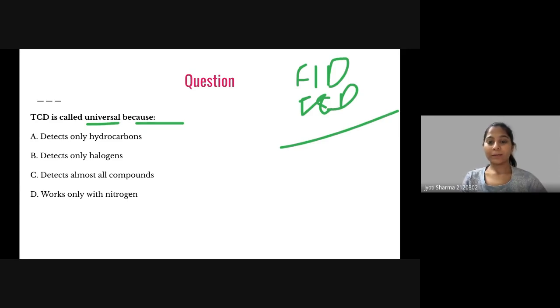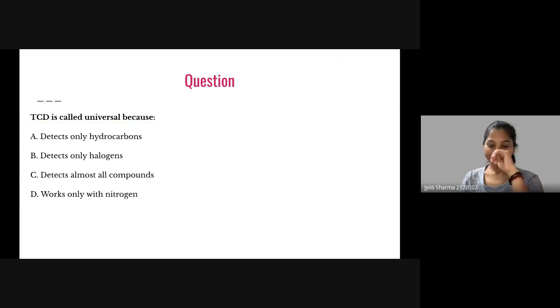And I think the first terminology, actually these two terms will define it, why it is a universal in nature. T means thermal, C means conductivity, yes, and D means detector.